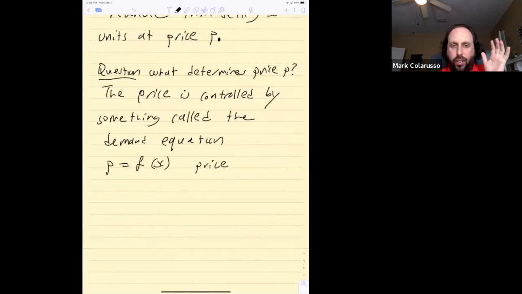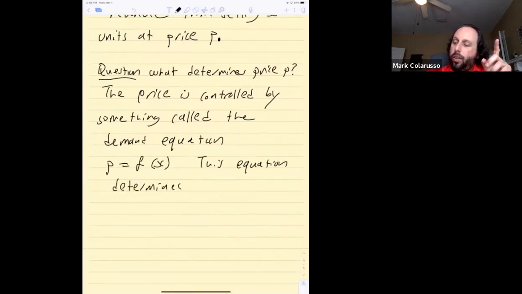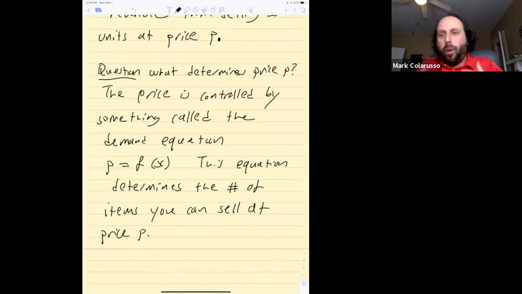This is a little bit tricky to think of, and maybe not the intuitive way to do it, but this equation relates, or determines, the number of items you can sell at price P. And it sort of determines the price for the number of items you can sell at price P.